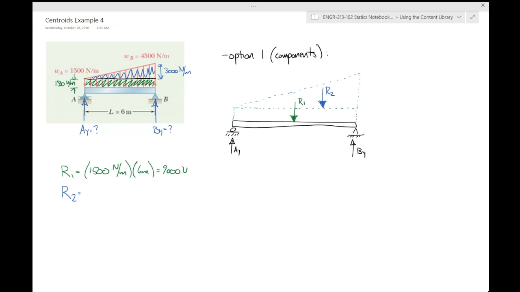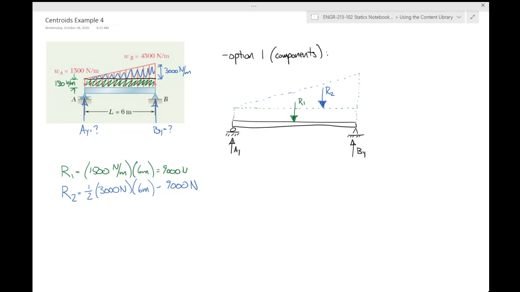So 0.5 times 6. So we have 1/2 times the height times the width. Remember, it's a triangle, right? 1/2 base times height. Yeah, that's easy to miss, that it's a triangle. Okay.